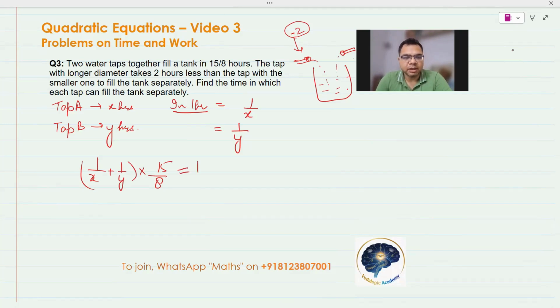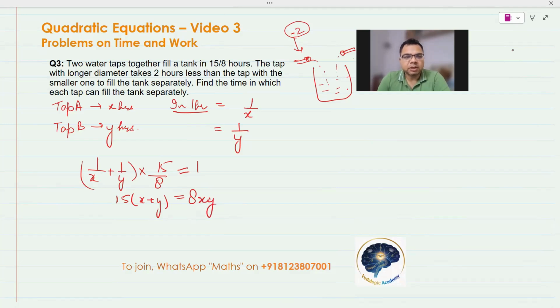Now I'm going to cross multiply and see what it comes. 15 into x plus y, and in the bottom it becomes xy, and it will get multiplied with 8 and taken to the right hand side, it becomes 8xy. So 15x plus 15y equals 8xy. Write it down clearly.